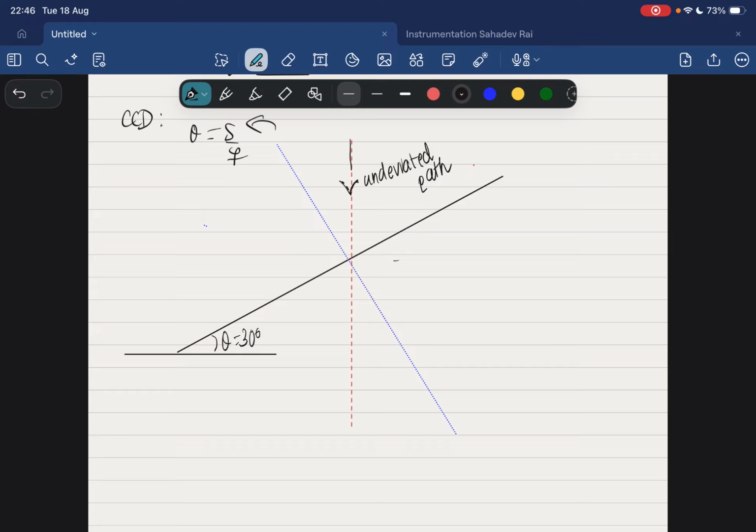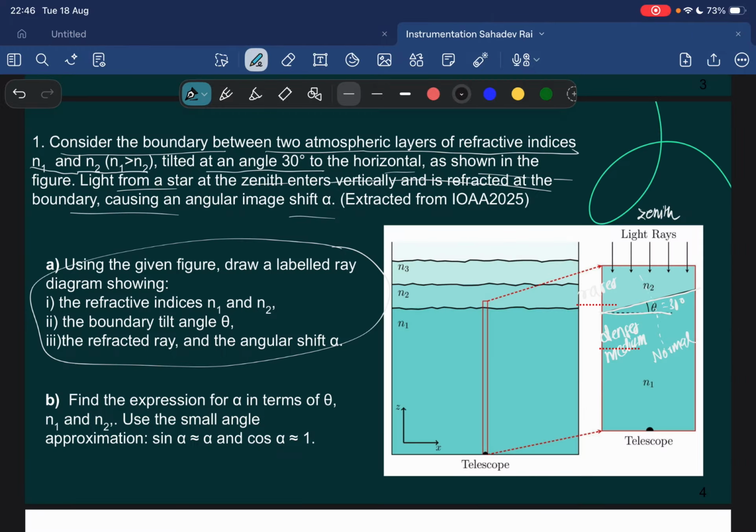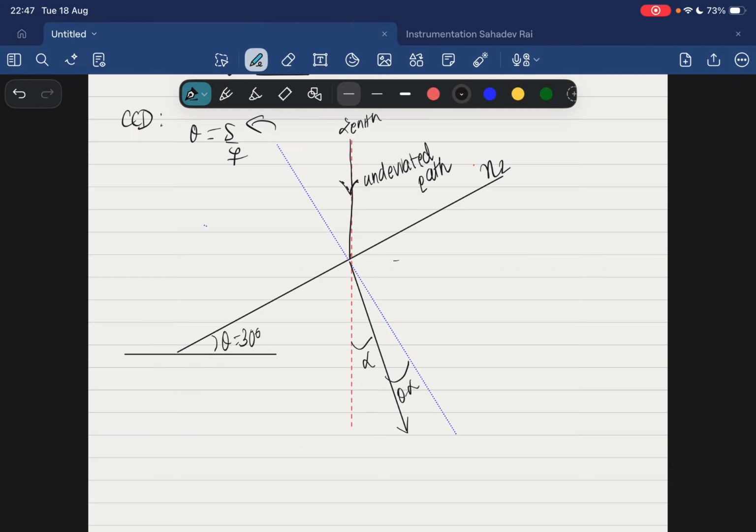When the light ray enters from the zenith, we have a certain deflection, and we call this deflection alpha. Thus this will be theta minus alpha. We know this is n2 and this is n1, as given in the question.